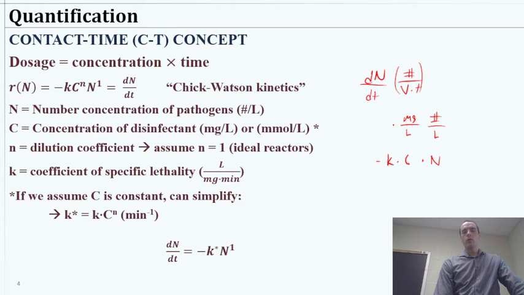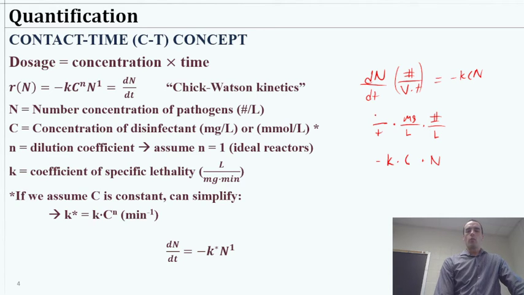So for K, first of all, we know it has to be per time to get a time at the bottom. So this should equal negative KCN, whatever units there are. I'm doing the units for KCN right here.